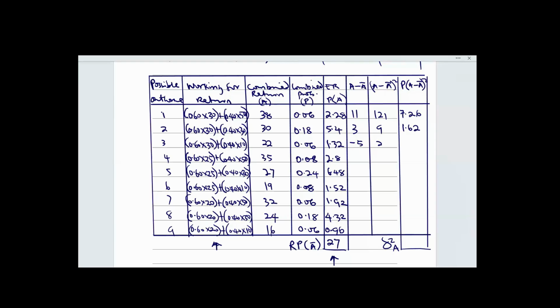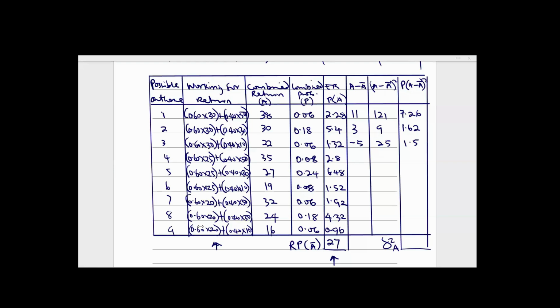Minus 5 squared is 25. 25 multiplied by probability of 0.06. That's 1.5, correct.